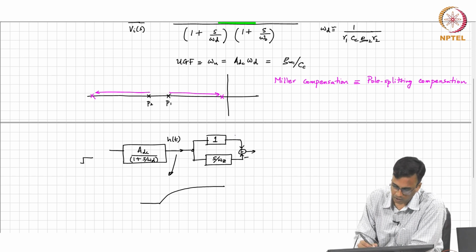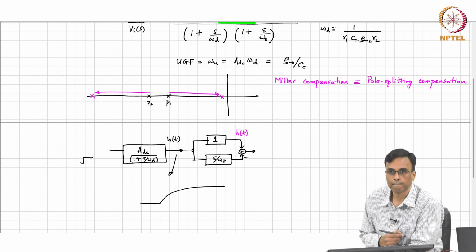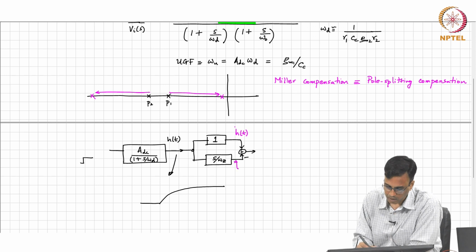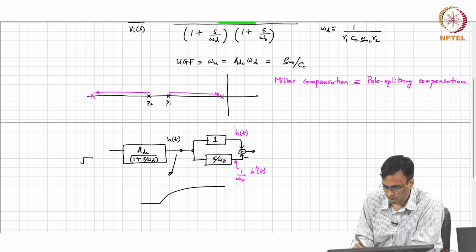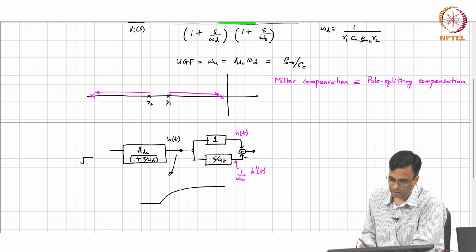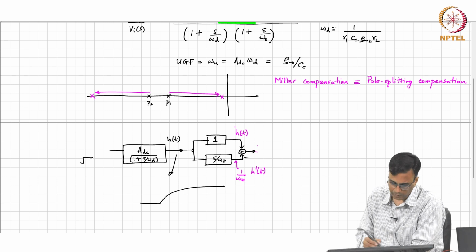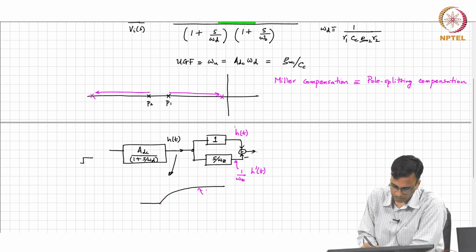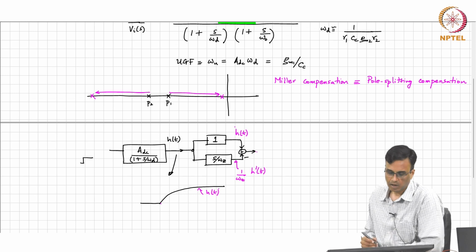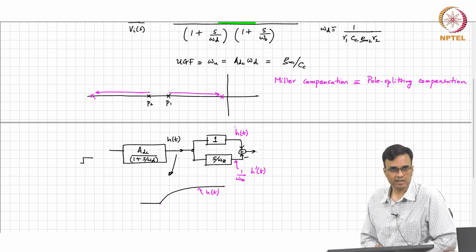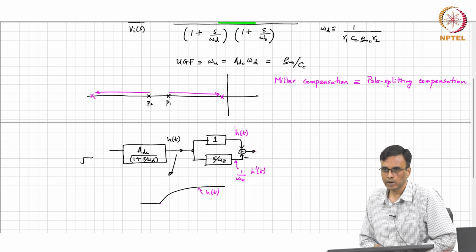Now, can somebody tell me what the waveform here is going to be? This is going to be h of t. What about this guy here? It is 1 over omega z times h prime of t. So, how will the derivative of this waveform look?